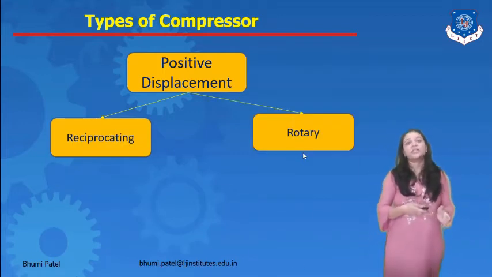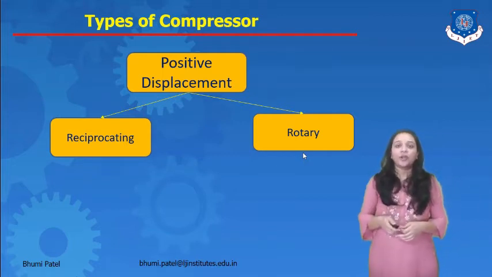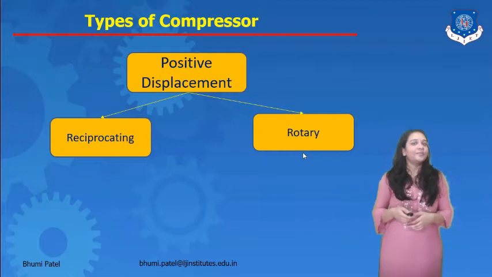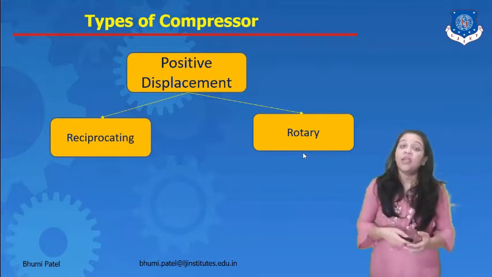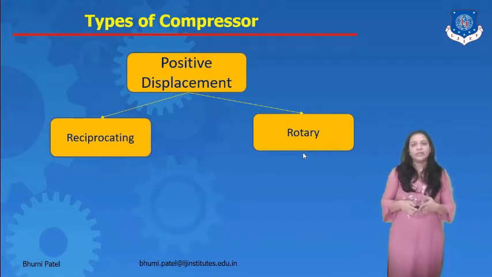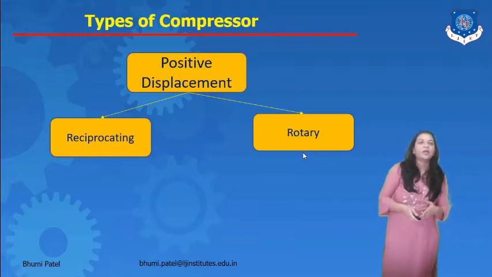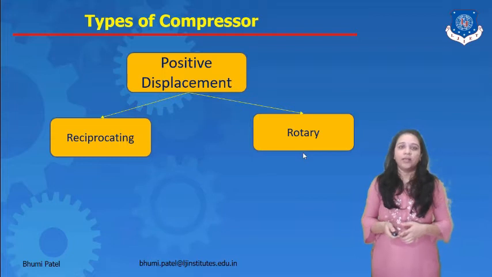The first one is the reciprocating compressor and the next one is the rotary compressor. As the name suggests, in the reciprocating compressor we generally use a piston and cylinder mechanism, and in the rotary type the compressor works in a rotary manner.